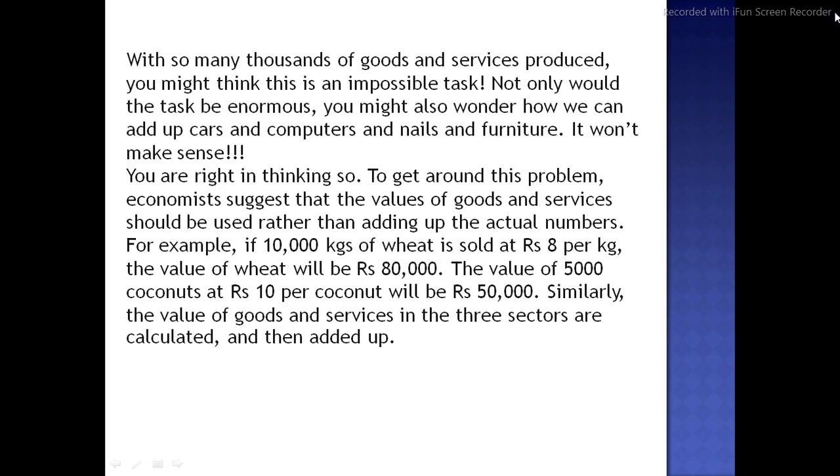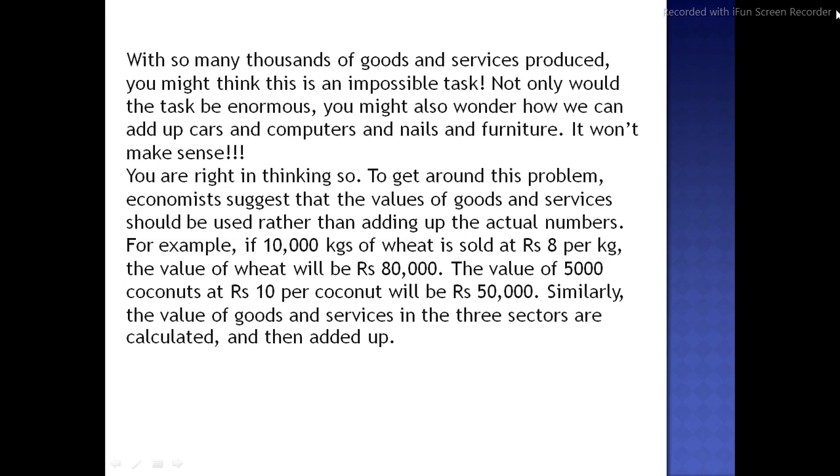To get around this problem, economists suggest that the value of the goods and services should be used rather than adding up the actual numbers. For example, 10,000 kg of wheat is sold at rupees 8 per kg, so the value of the total wheat is 80,000.